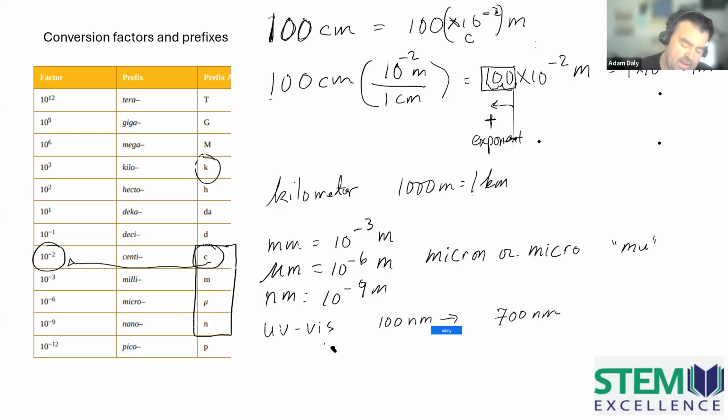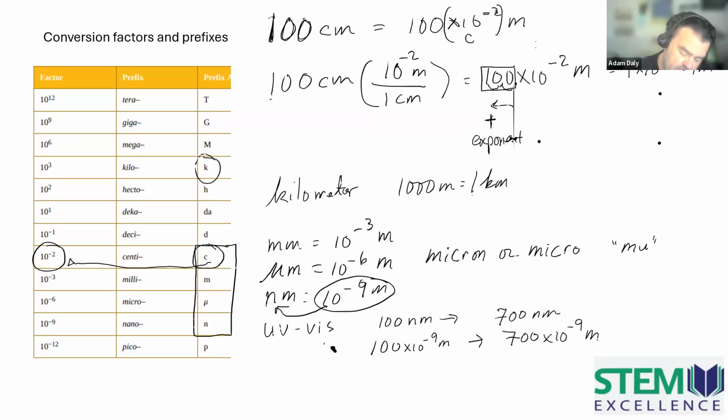So if we wanted to convert that into meters, then we would just use this factor for the n. So 100 times 10 to the minus 9 meters to 700 times 10 to the minus 9 meters, right? And so we're just taking this factor and replacing the n for it. And that's usually very handy when we're working with scientific notation.